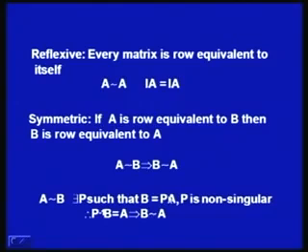So, since P is non-singular, P inverse B will be A. If you multiply by P inverse on both sides, then P inverse B is P inverse P multiplied by A, which is nothing but A. So, P inverse B is A, and that simply means that B is equivalent to A. That is, we started with A equivalent to B, and what we have is B equivalent to A, and that proves the symmetric property.